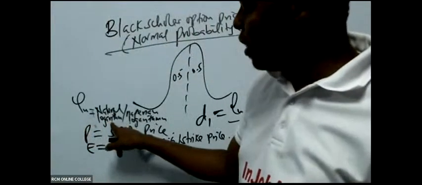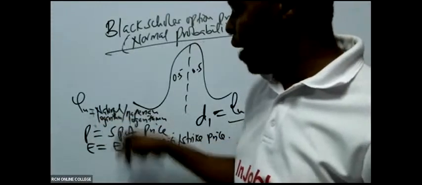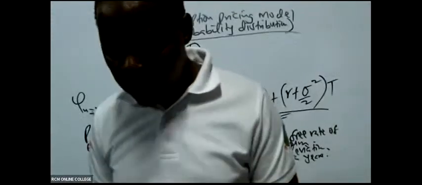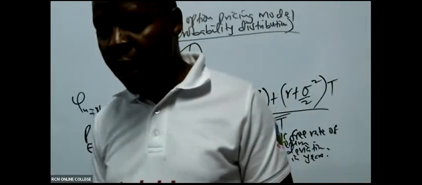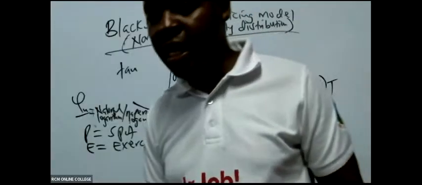I have written it down here. Can you check your calculator above the time key? It has been written as ln. That is what we call ln.